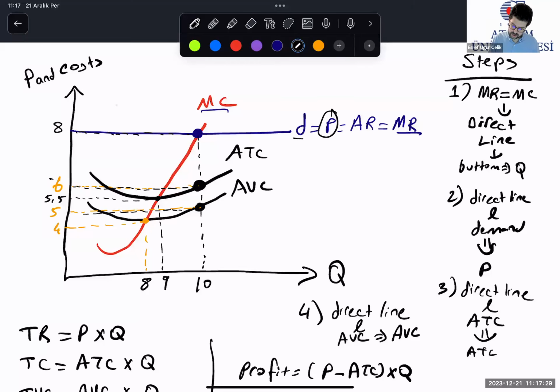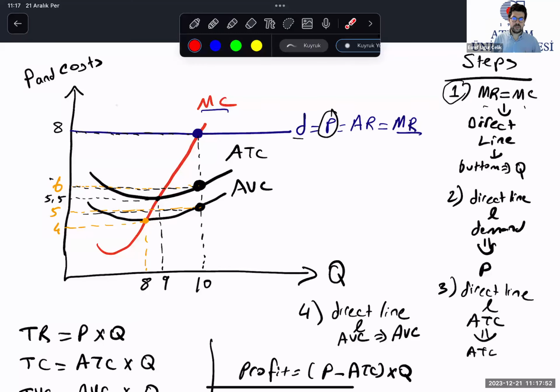I'm going to write the steps over here. In the first step, you are going to find the intersection point of marginal revenue and marginal cost.